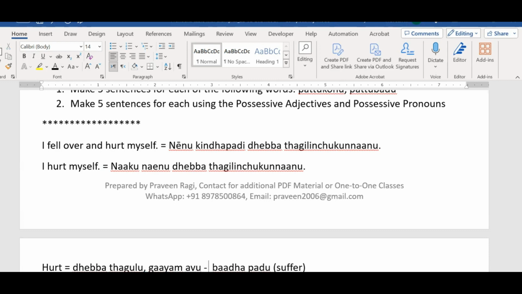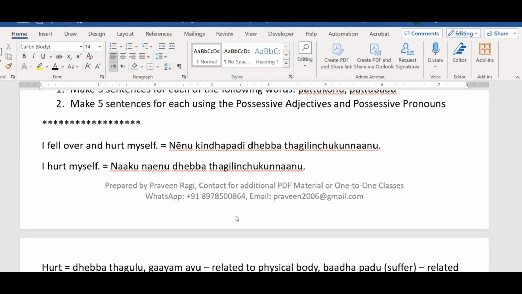So, related to the physical body. Then బాధపడు is related to the mind, mental. Yeah, like that. Sorry if I hurt you, మిమ్మల్ని బాధ పెడితే నన్ను క్షమించండి.